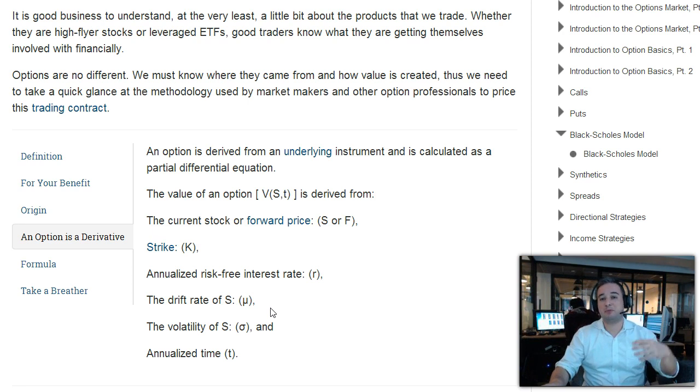You're going to be using implied volatility instead. We will discuss that later. And you have time. So you plug all these things into this formula, and you create the value of a call and a put.